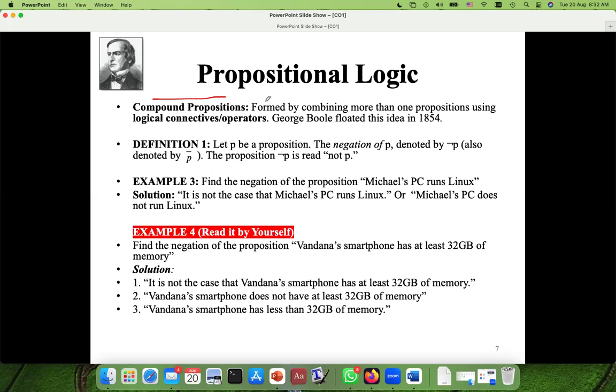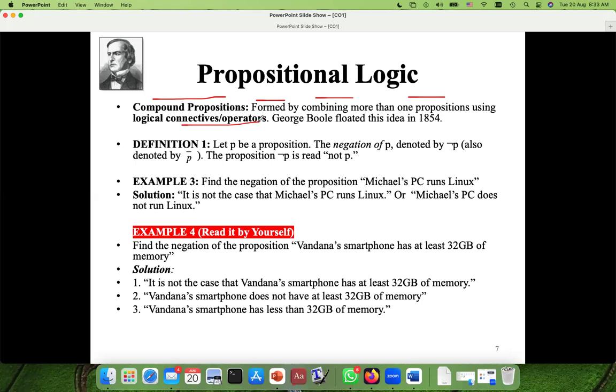So compound propositions we can form by combining more than one proposition. If you have two propositions, you can combine them by using connectives, connectors, operators, same thing. What are those operators? You already have studied them in early courses.